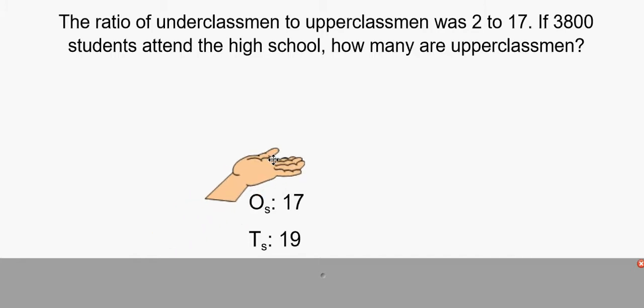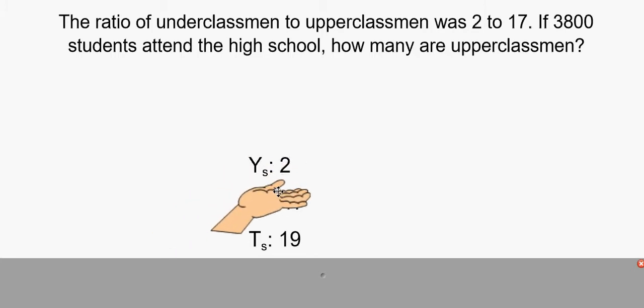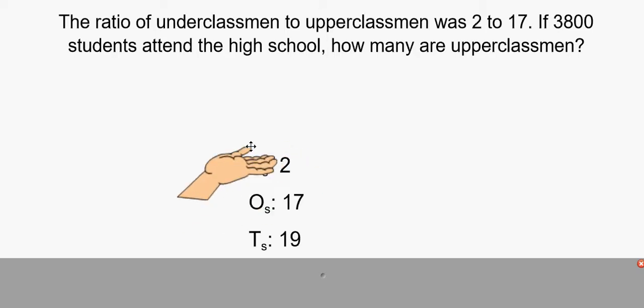Because we could have 17 to 19, 2 to 19, or the old 2 to 17 we're used to. I'm guessing it's not 2 to 17 because that's nothing new, and then we didn't even need to do this. So we're going to be keeping the total. So am I covering up older or am I covering up younger? Cover up the one we don't care about right now. Which one don't we really need? We're learning about upperclassmen. Therefore, younger classmen don't apply. 17 to 19, older students to total.